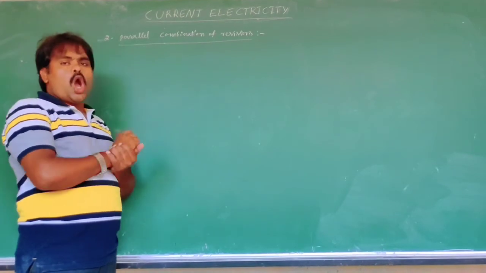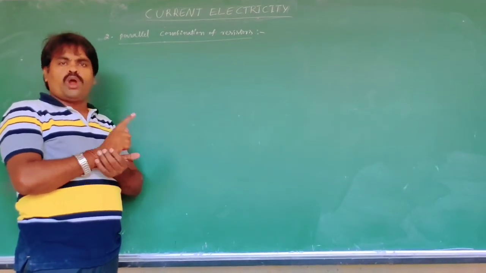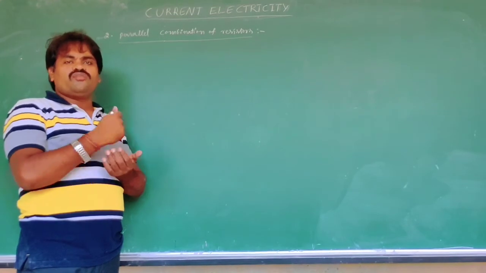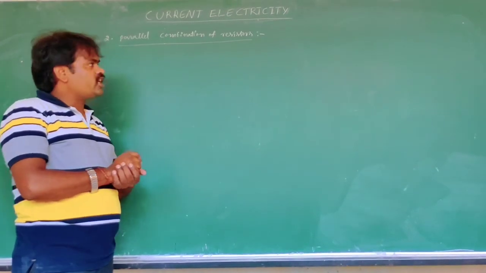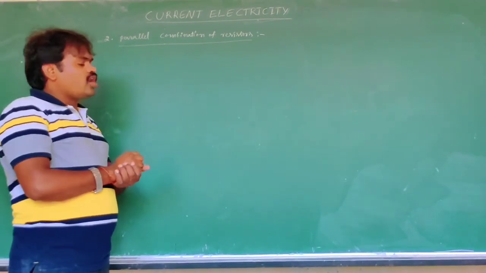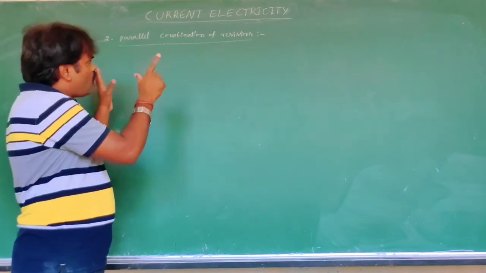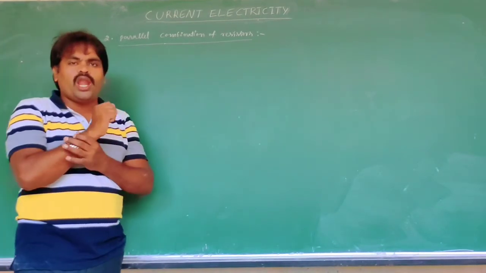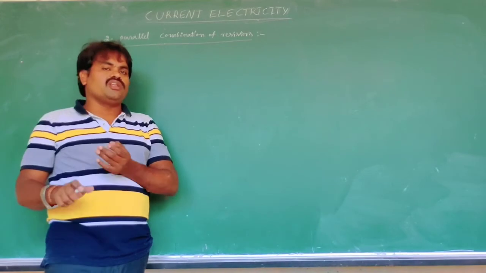One end of all the resistors is connected to one point and the other end of all the resistors is connected to another point. This combination is called a parallel combination.